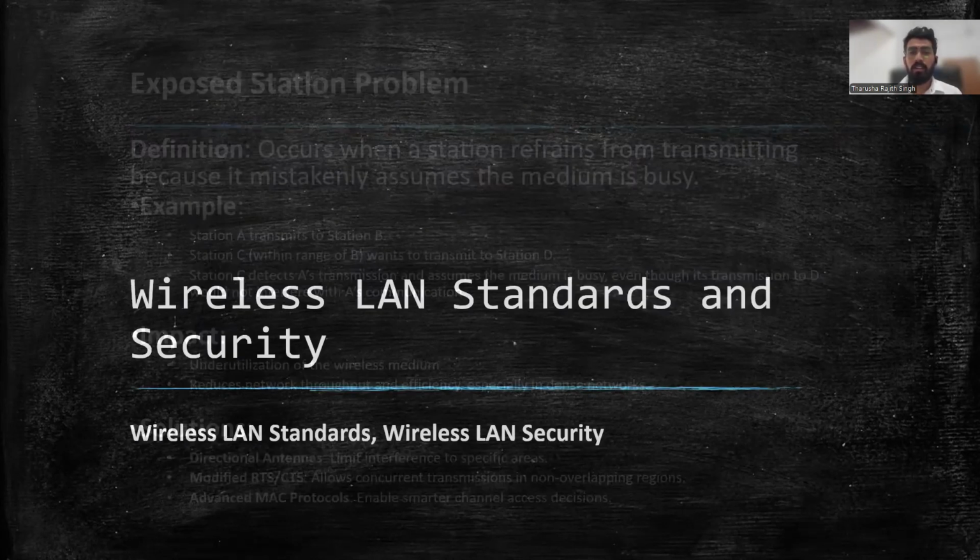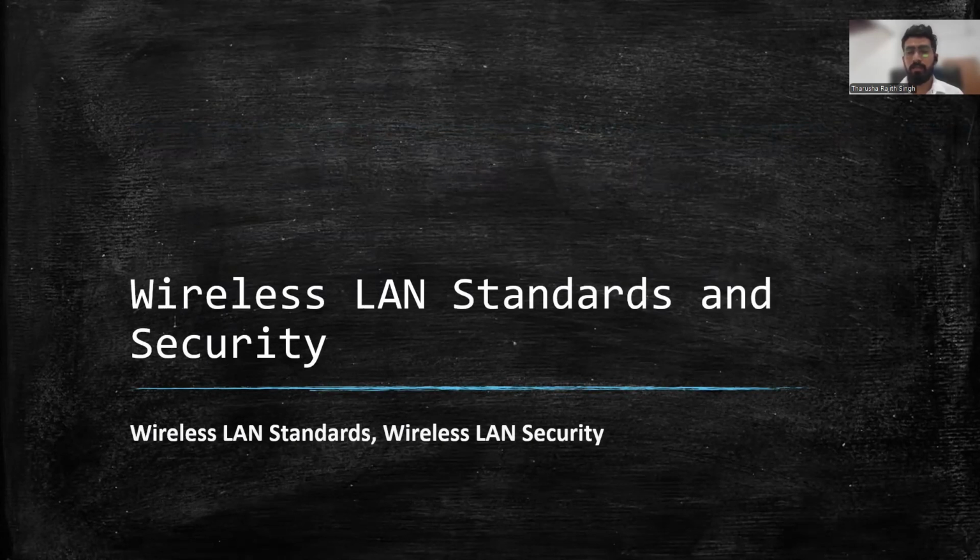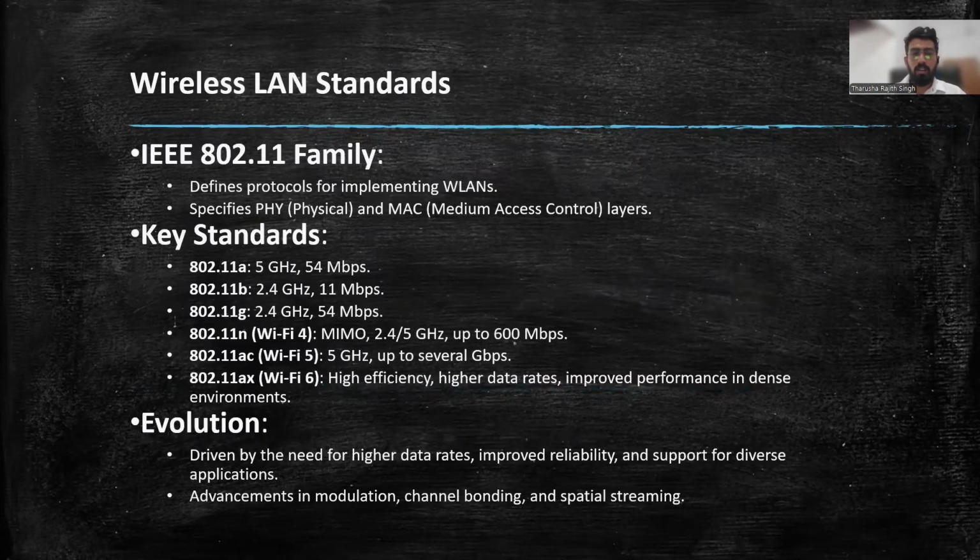Okay, now let's move on to the last chapter, which is wireless standards and security. First of all, we'll discuss wireless LAN standards, which are defined by the IEEE 802.11 family of standards.